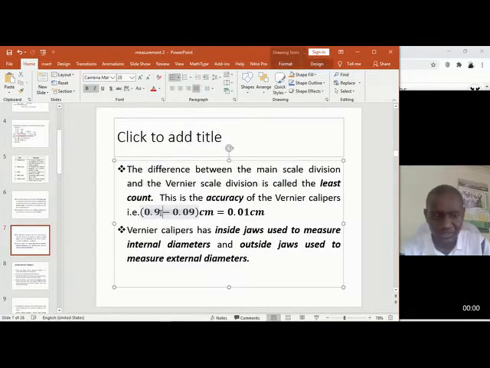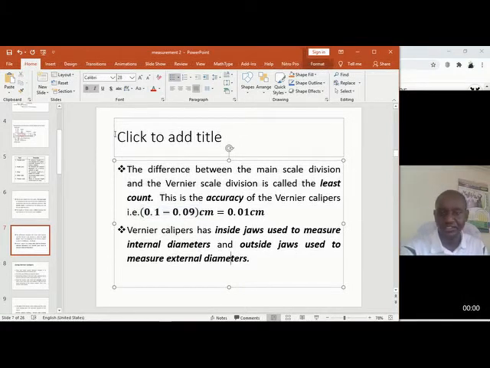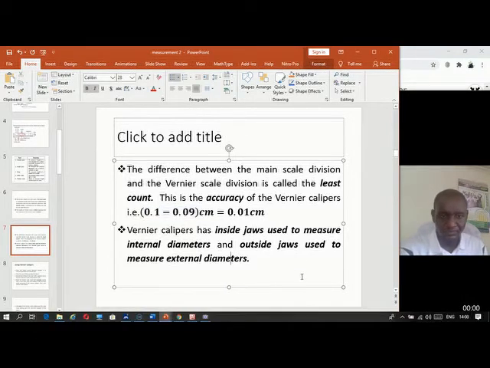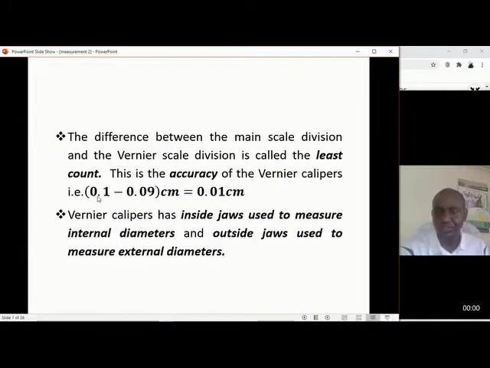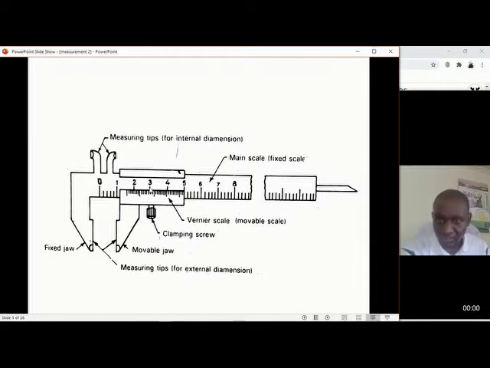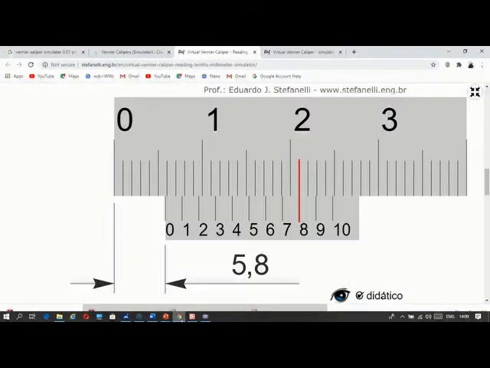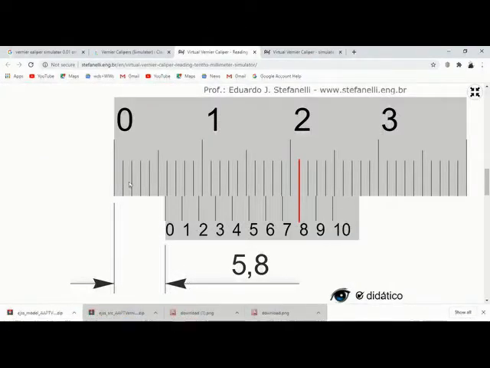This is 0.1. Main scale measures 0.1. Then the vernier scale 0.09. These are 10 divisions. 1, 2, 3, 4, 5, 6, 7, 8, 9, 10.